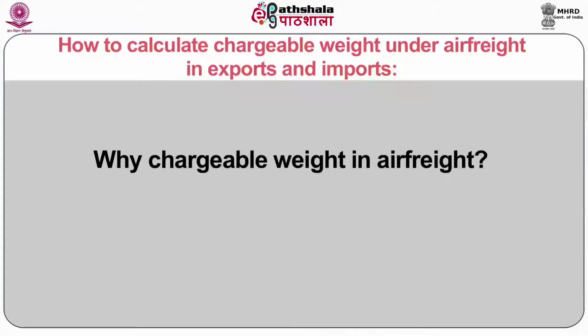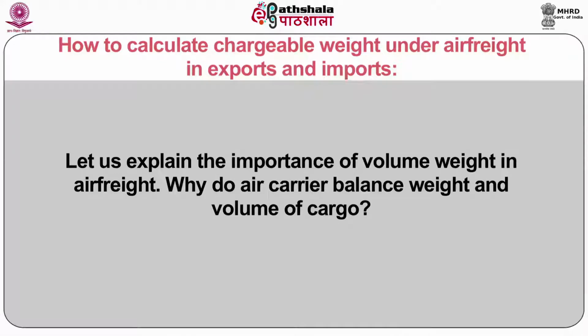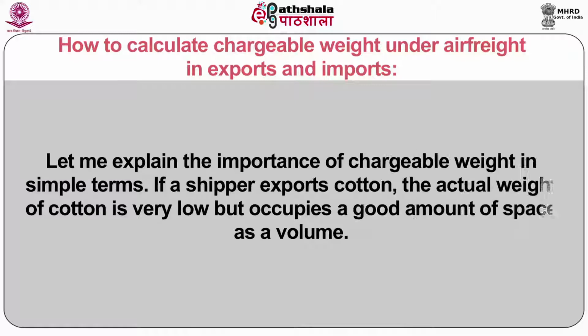Now I will discuss why the chargeable weight in air freight. Let us explain the importance of volume weight in air freight. Why do air carriers balance weight and volume of cargo? Let me explain the importance of chargeable weight in simple terms. If a shipper exports cotton, the actual weight of cotton is very low, but it occupies a good amount of space as a volume.